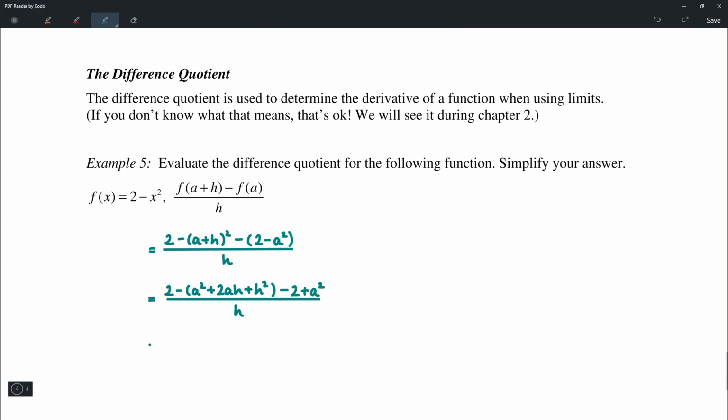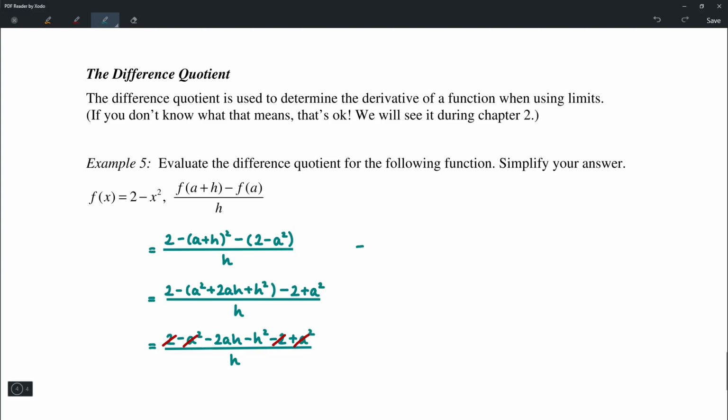So we get 2 minus a squared minus 2ah minus h squared minus 2 plus a squared all over, again, h. Notice that we have some equal and opposite terms here. We have 2 and negative 2. We have negative a squared and a squared, so those will be eliminated.